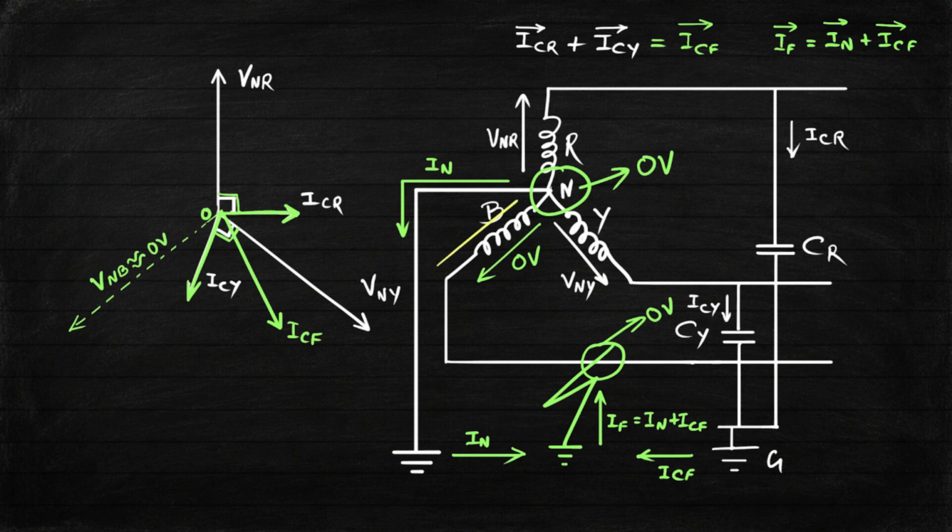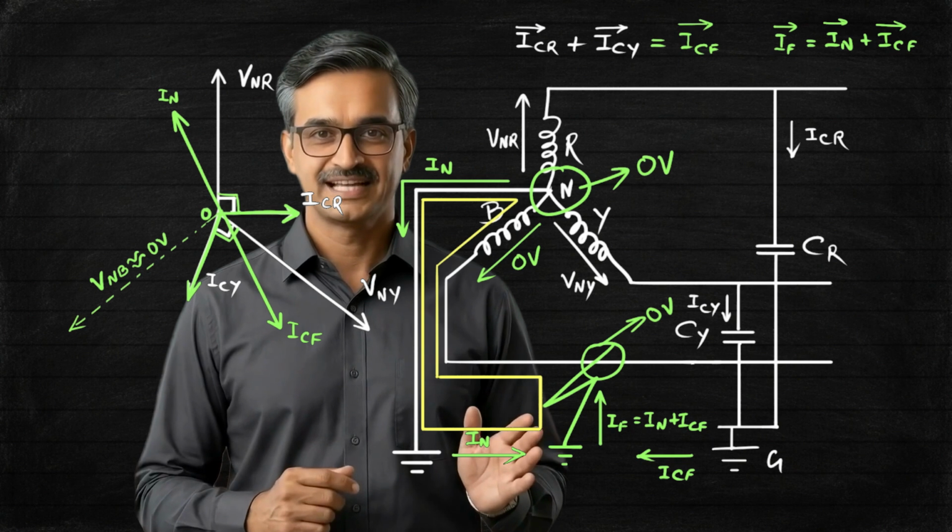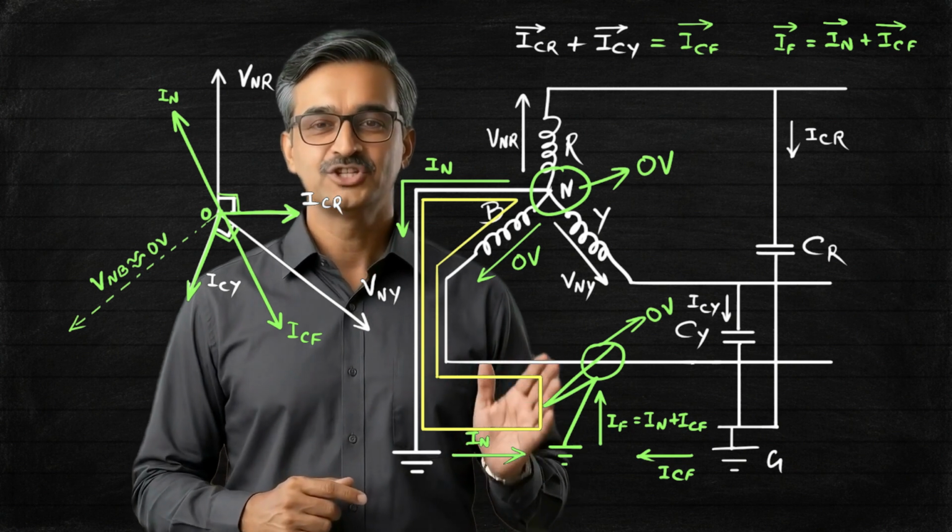The B phase winding effectively becomes short-circuited through the neutral grounding connection and the earth fault path as shown by these yellow lines. Therefore, the neutral current IN is mainly limited by the transformer leakage reactance. Since this current flows through an inductive path, IN lags the voltage VNB by approximately 90 degrees. Although VNB is very small, we can still use it as a reference to understand the phase relationship.